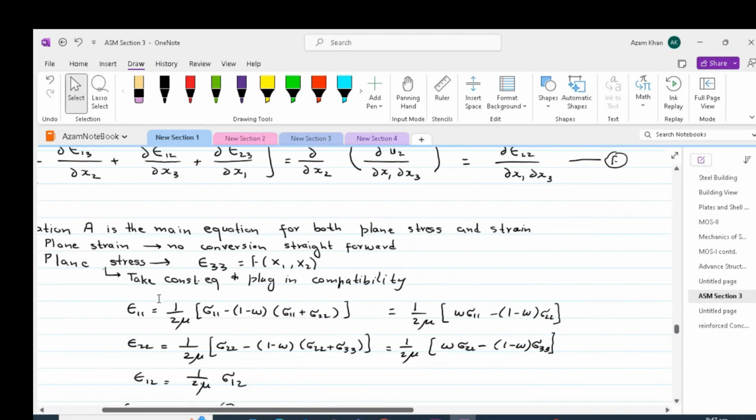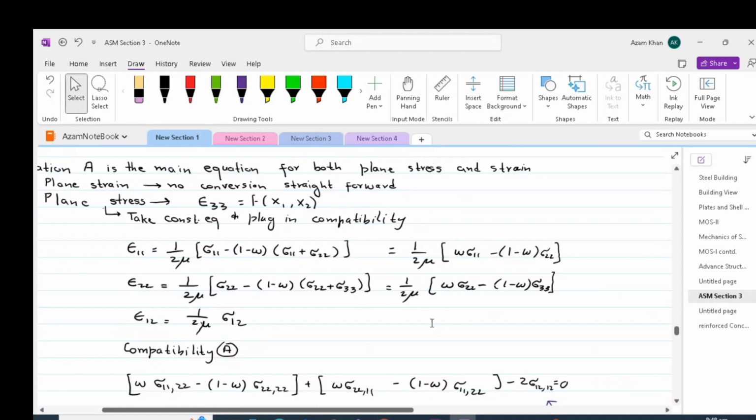We write our epsilon 1 in omega form: 1 by 2 mu times sigma 1 minus (1 minus omega) times (epsilon 1 plus epsilon 2), both in bracket. Then, just doing some algebra, this can also be written as 1 by 2 mu times omega sigma 1 minus (1 minus omega) sigma 2.